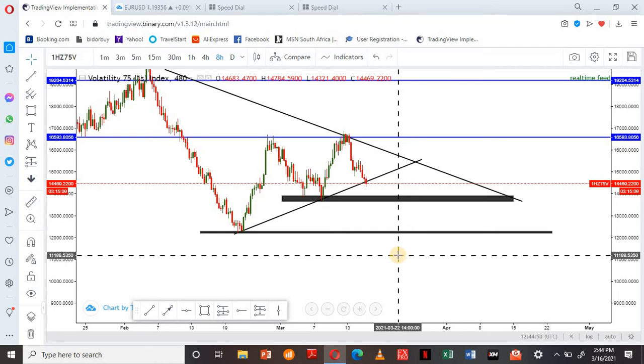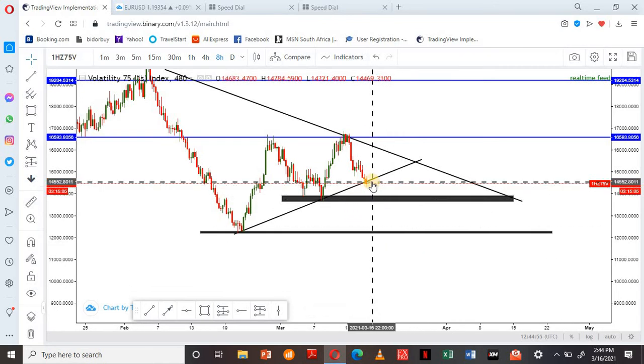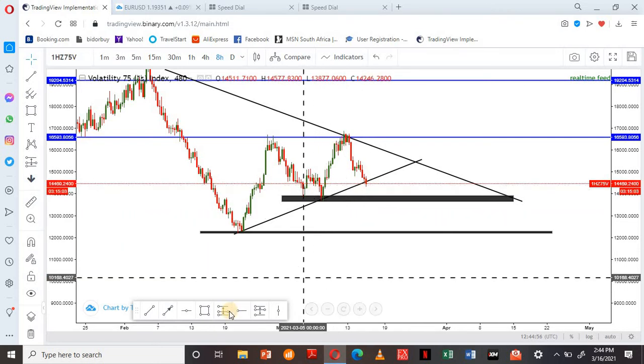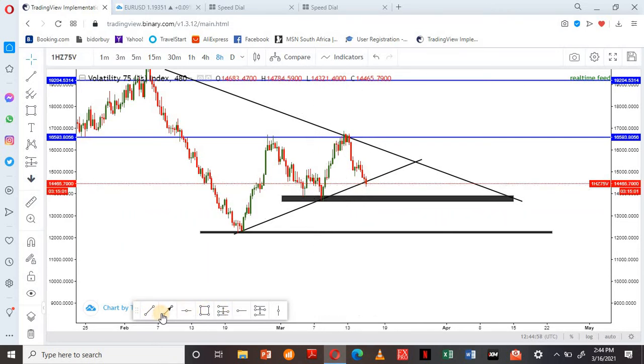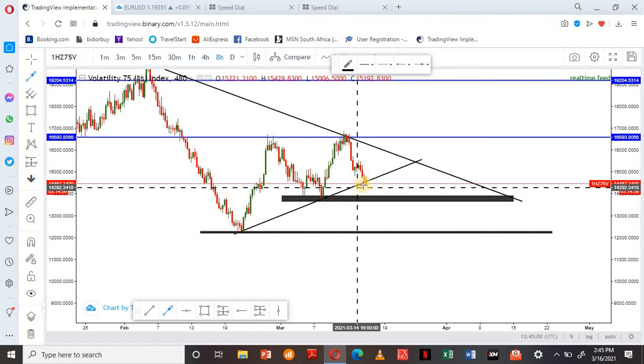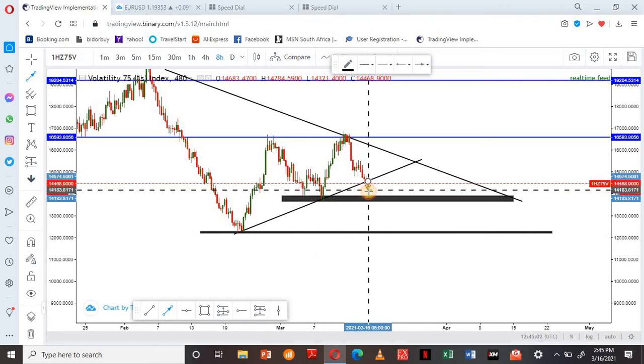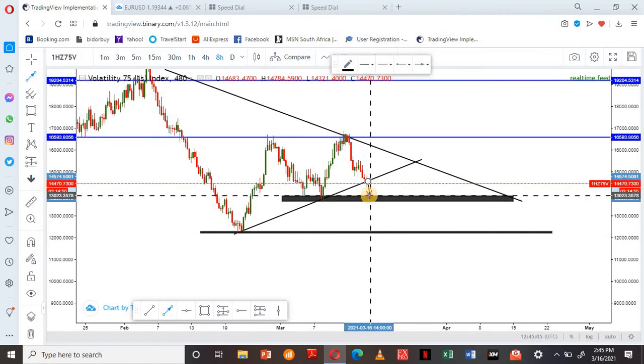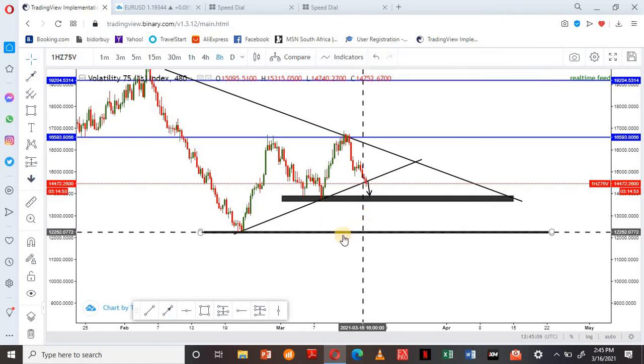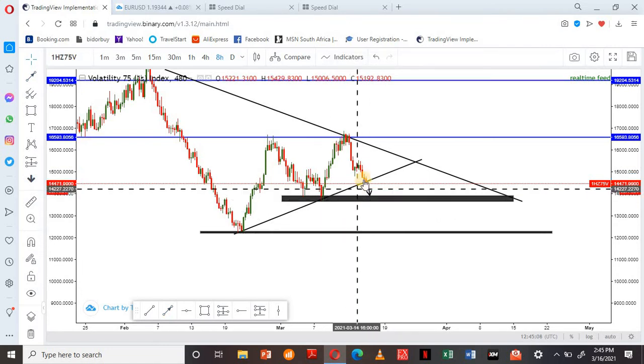Now, since we can see that it has potential of breaking this level here, the only thing that we need to do right now is wait for price to at least break this level, because you cannot look for a buy in this situation.